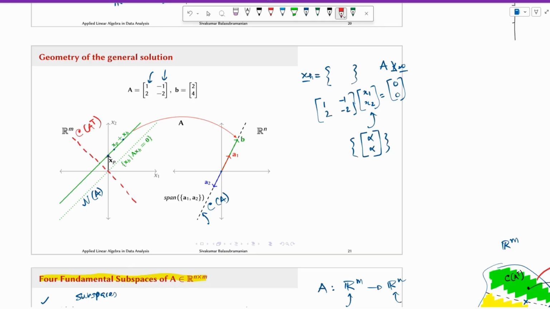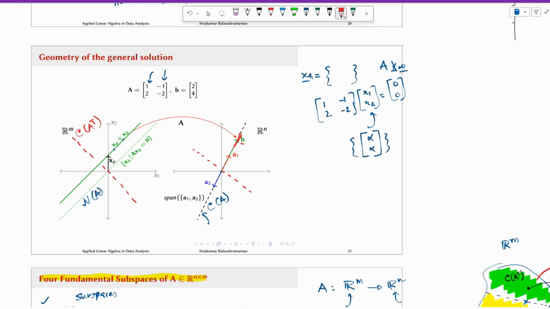Okay? So if I'm here, right, I'm at B. If I move in this direction, this point does not move. But the moment I start moving in this direction, this point will start moving back and forth here. Okay? That means we have the null space, row space, column space. You probably can already guess where the left null space is.